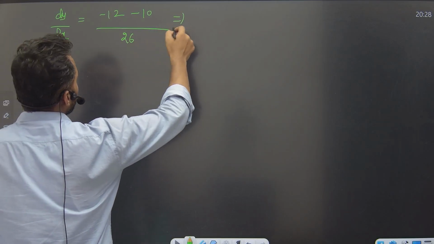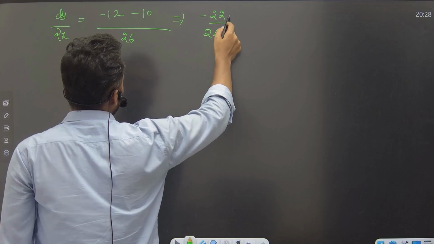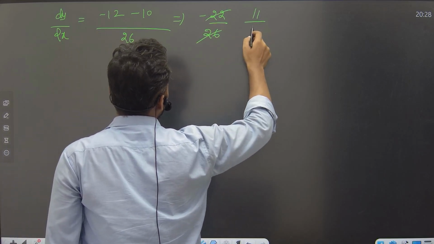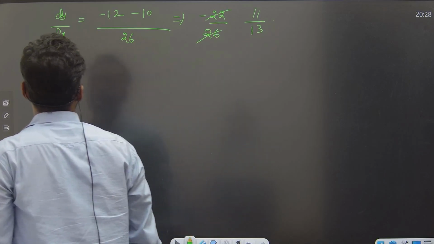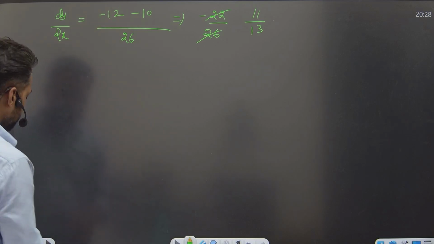So we are getting here negative 22 upon 26. So we can say we are getting negative of 11 by 13. This is the slope. Okay.